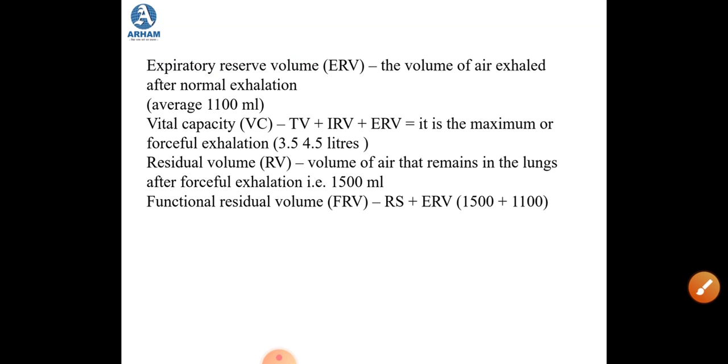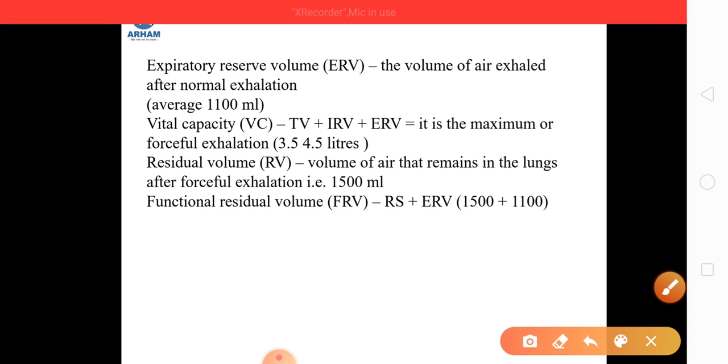Then there is vital capacity, and the abbreviation is VC. What is vital capacity? Vital capacity is tidal volume plus inspiratory reserve volume plus expiratory reserve volume.